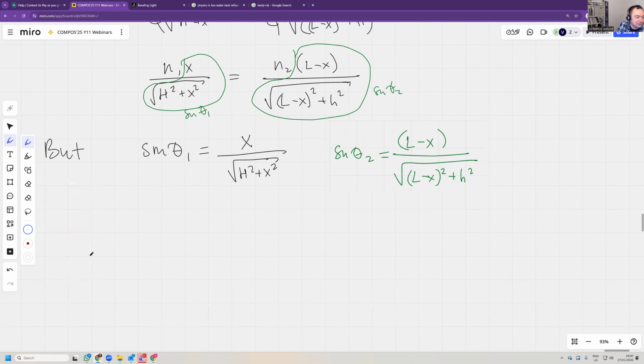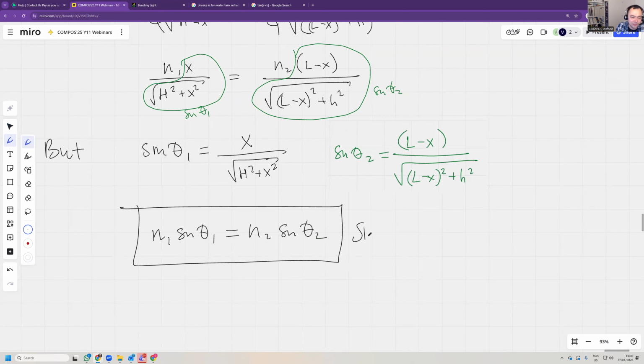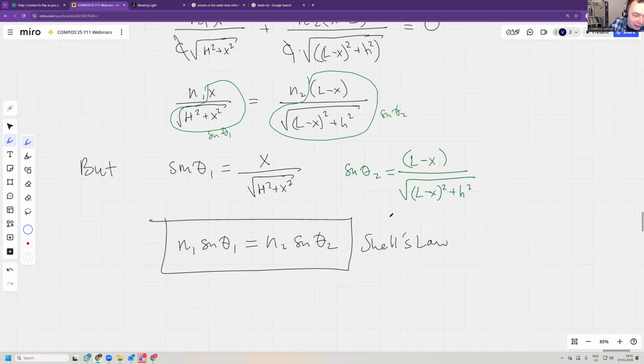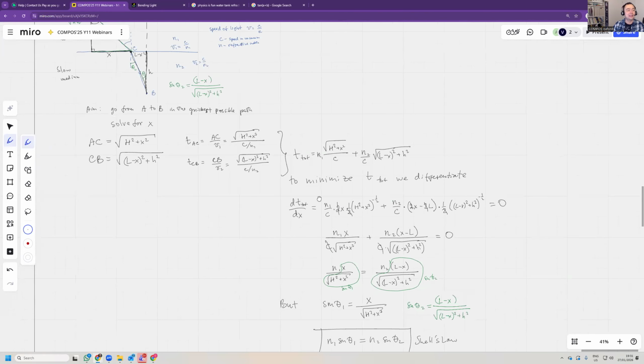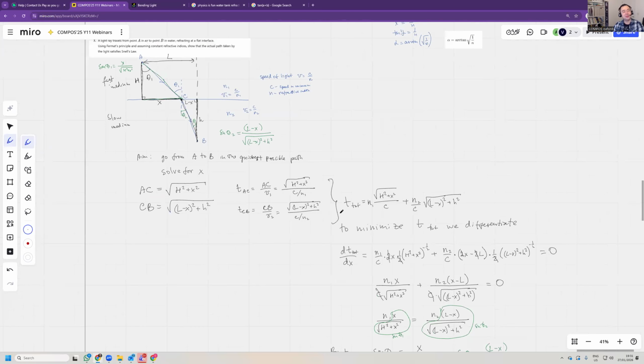What I've just shown, using Fermat's minimal time principle, is that n1 sine theta 1 must equal n2 sine theta 2, which is Snell's law. So Snell's law can be derived from Fermat's principle, which says that light should take the minimum possible time to go from point A to point B.